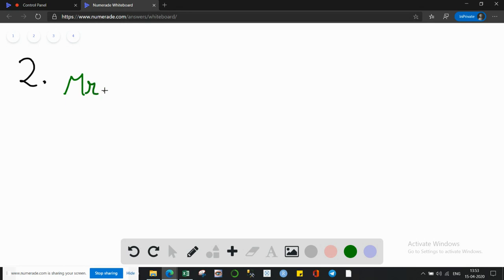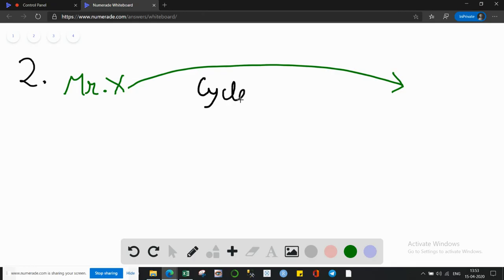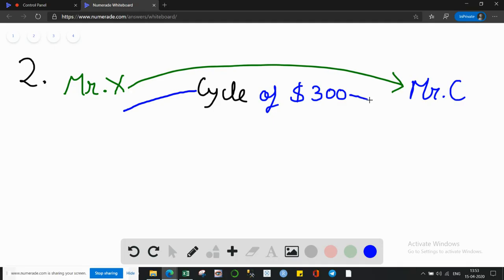Let's say Mr. X has supplied goods, like a bicycle, a cycle of $300 to Mr. C. Now what will happen when Mr. X records the outgoing of inventory as the cycle out of his premises?